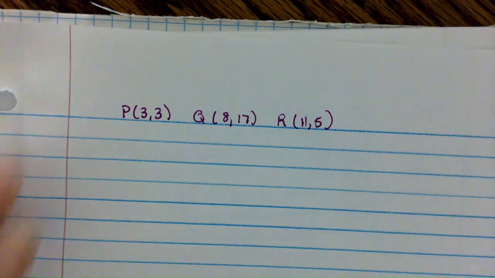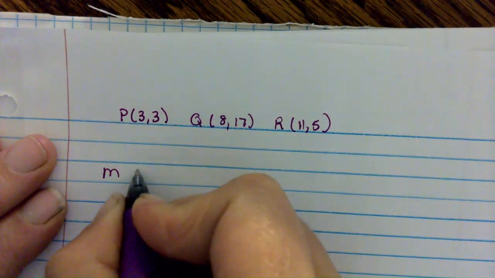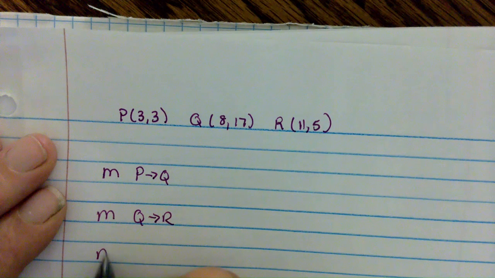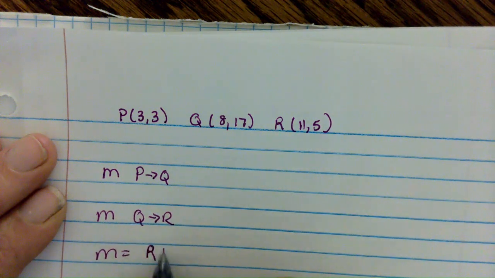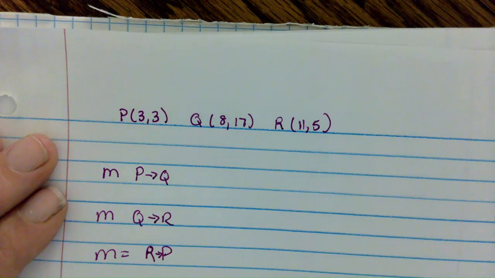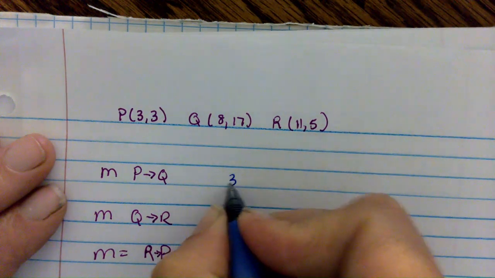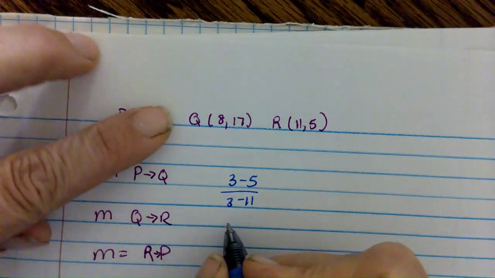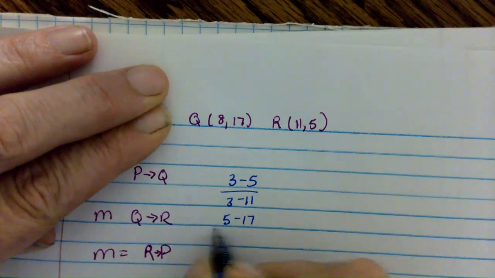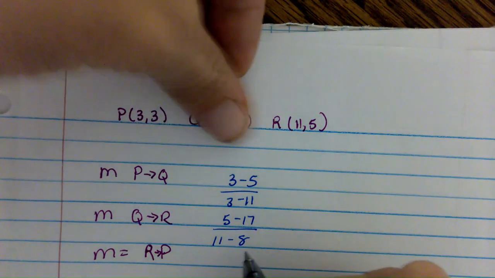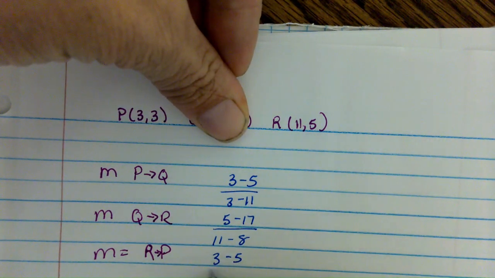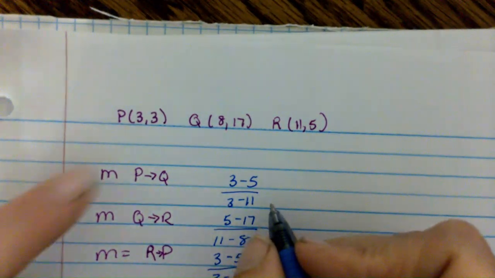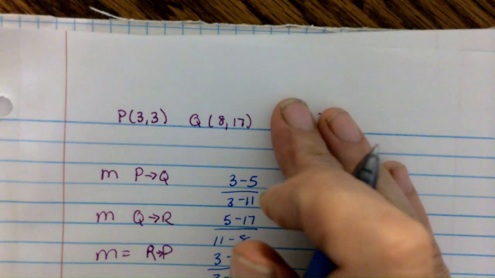Or you could go ahead and check out the slope from P to Q, the slope from Q to R, and the slope from R to P. So y minus y over x minus x, Q and R, y minus y over x minus x, R and P, y minus y over x minus x, P and Q.